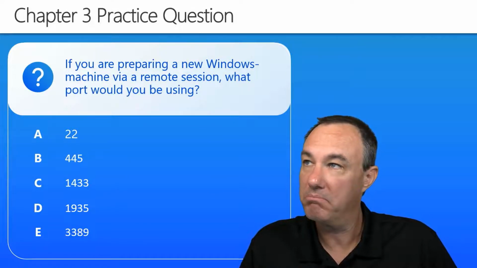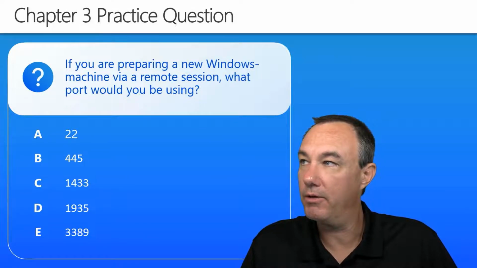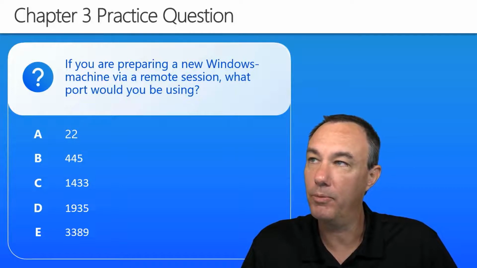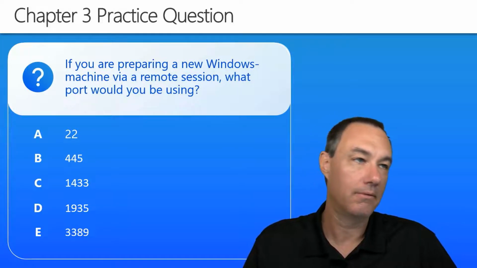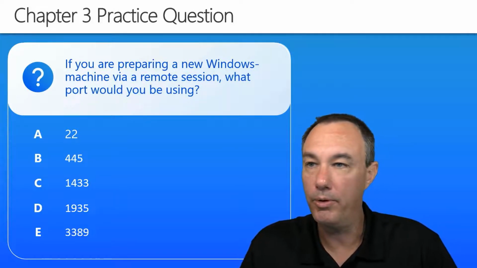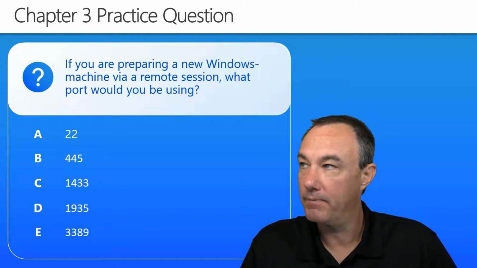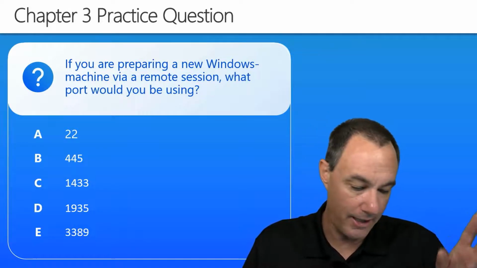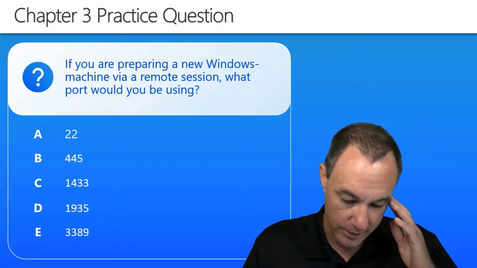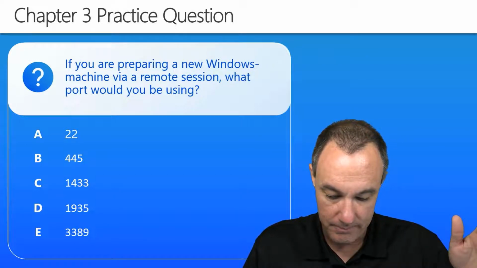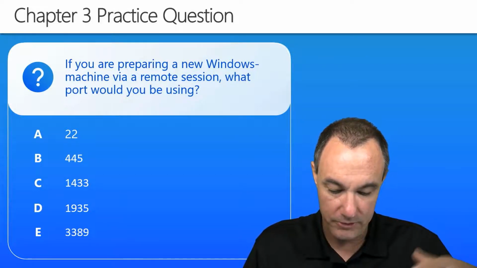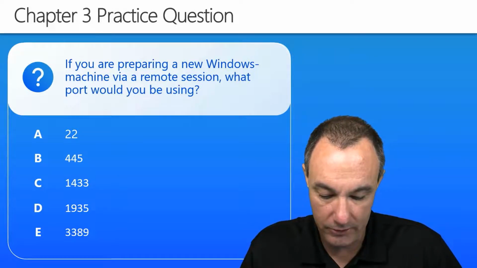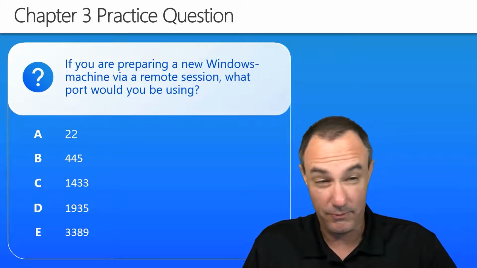You're preparing a brand new Windows station, want to get it prepped, you're doing remote troubleshooting. What port would you be using? Once I get past the ports that are beyond 443, I always have to remind myself I'm not as good once we get into the 4-digit values.